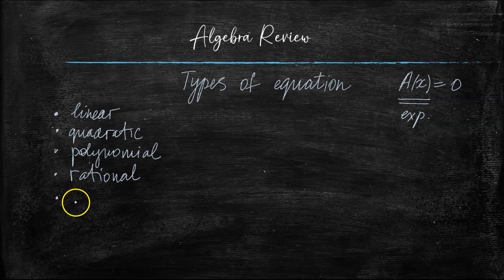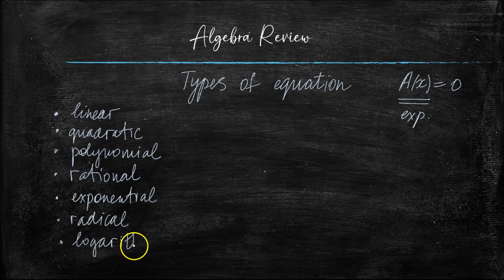Rational, what was the other one? Exponential, radical, logarithmic, and absolute value. So these are the 8 different types of equations.